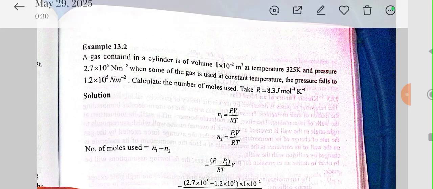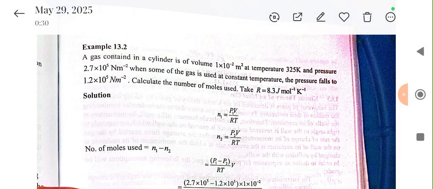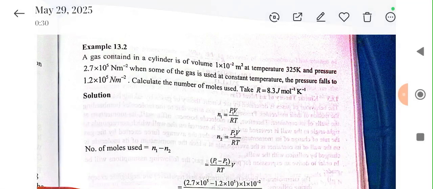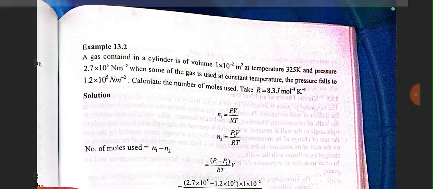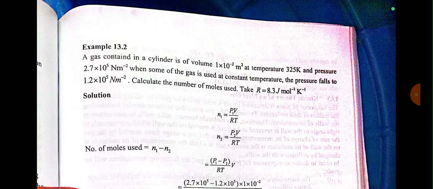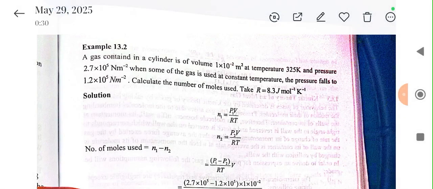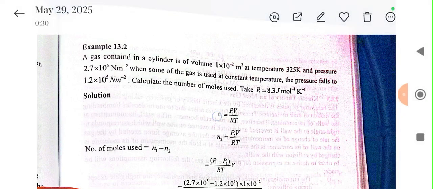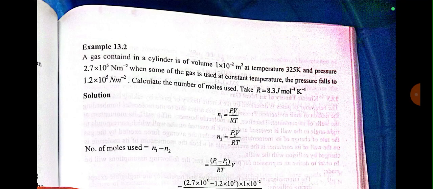So now from the ideal gas equation, PV equals nRT, we have two cases. We have number of moles that differ. In the first case, the number of moles N1 equals P1V over RT.